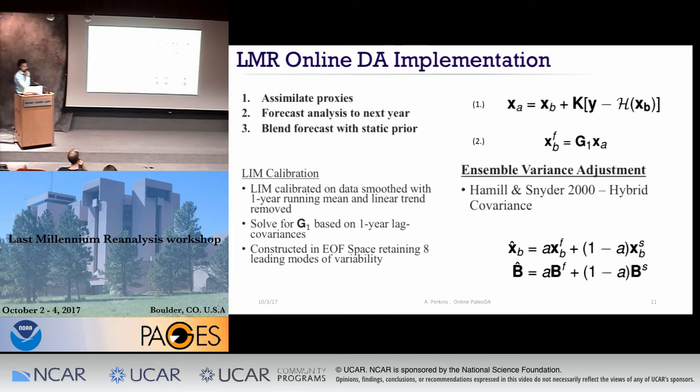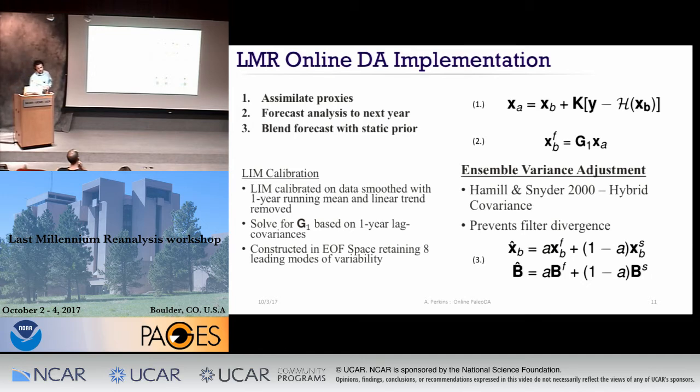One other thing we had to do: the linear inverse model is a damped model, meaning all the forecast modes decay in time. That's not to say that there isn't constructive interference that can lead to some growth in the anomaly in a field over time. But because of that damping, we also had to handle the fact that if you get too small variance in your prior ensemble, filter divergence happens, where you essentially throw out all of your observation information because you're too certain in the prior estimate.